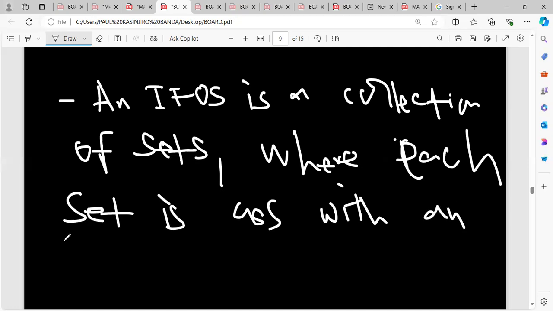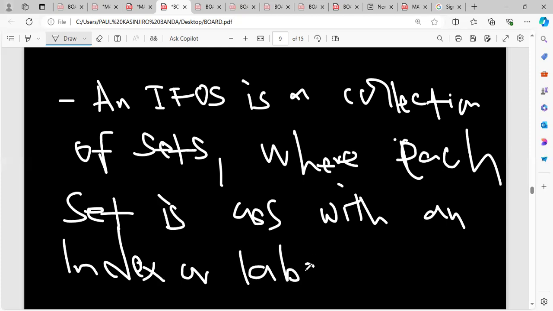When we say index, in simple terms, we mean a label. So an indexed family of sets is just a collection of sets where each set in that family is associated with an index or a label.